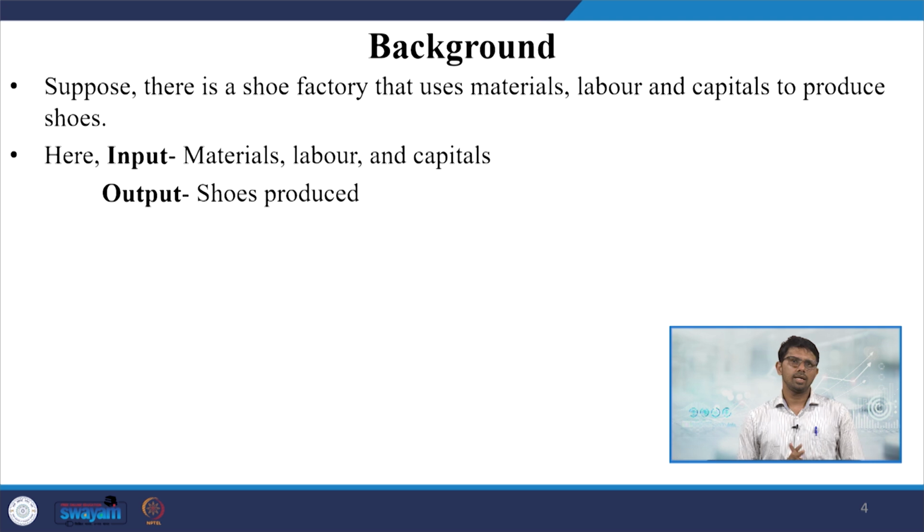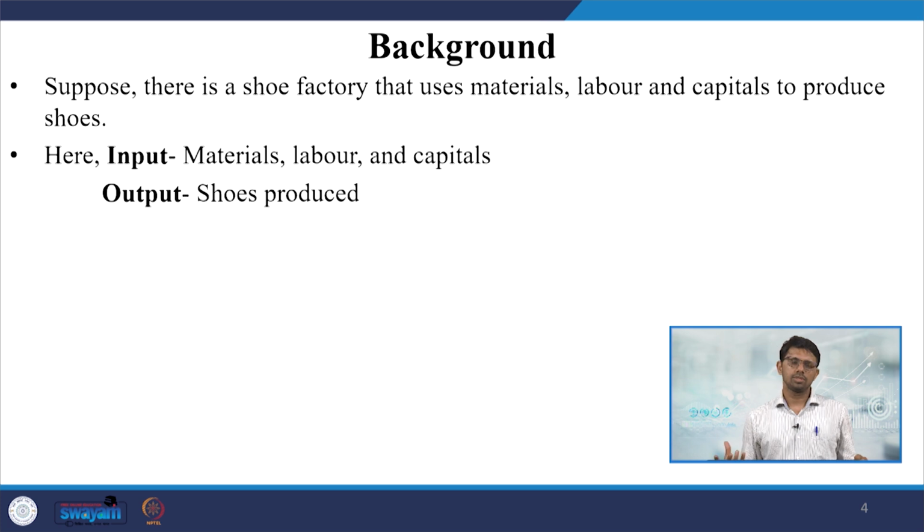We start with an example. There is a shoe factory that uses various materials including labor and capital to produce shoes. Hence, we can clearly differentiate the input and output in this context.